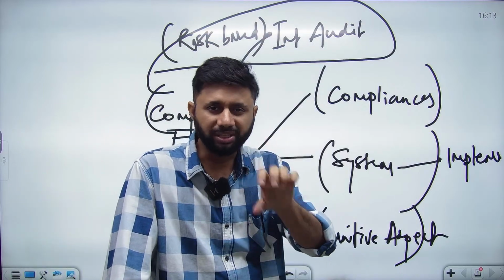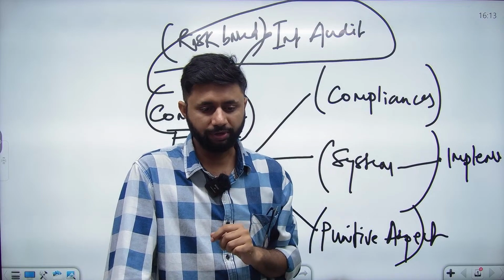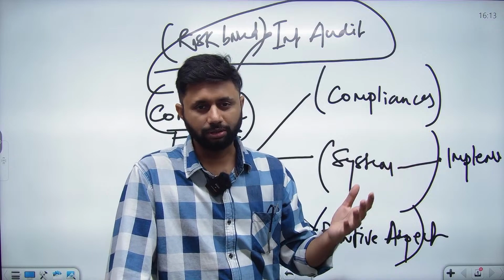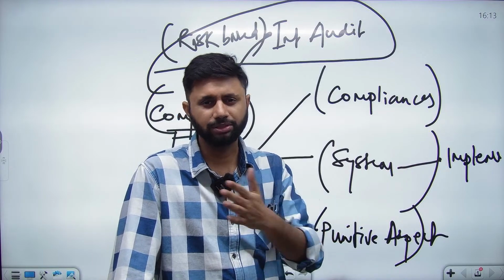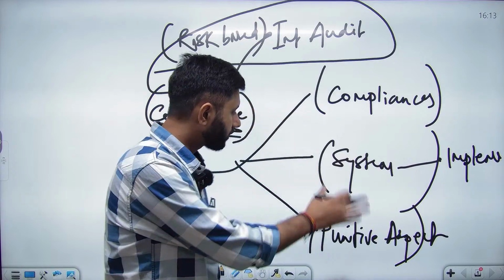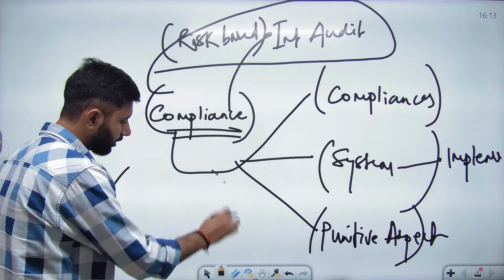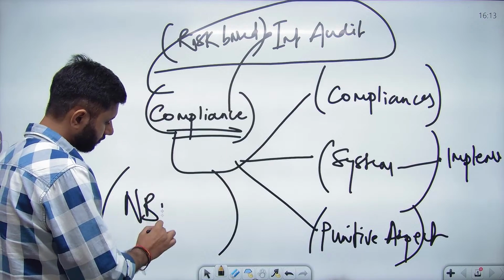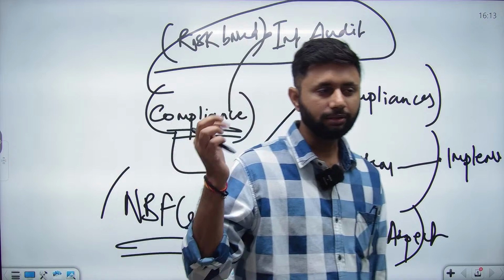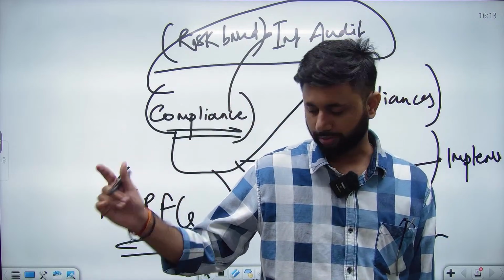Obviously it's a more specific niche type of internal audit rather than the normal internal audit which happens in all organizations, which is just a replica of external audit. So all these things, focused primarily in the context of NBFCs, is what we're going to deal with in today's 10 or 11 odd questions.